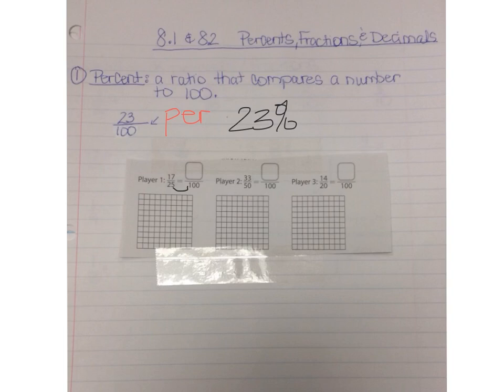It's times 4. So we have to do the same thing with 17. 17 times 4 equals 68. So it's going to be 68 out of 100, or 68 per cent. 68%. So we're going to want to color 68 of these.